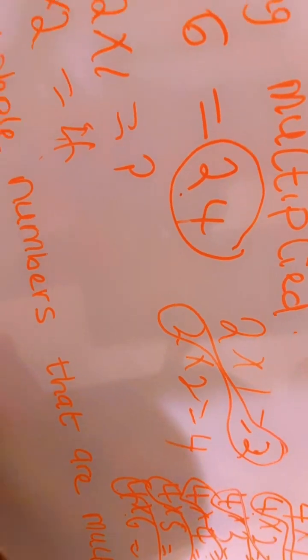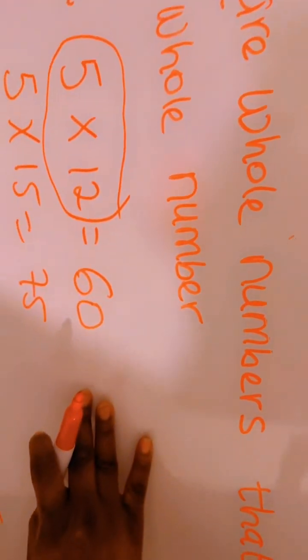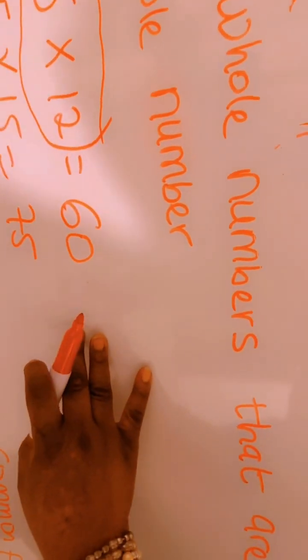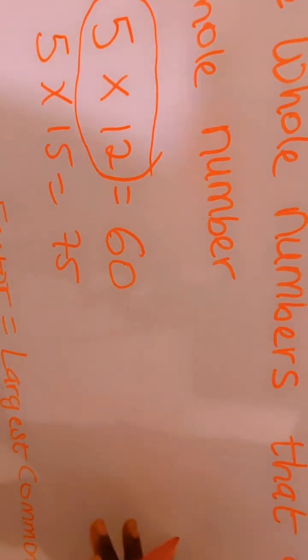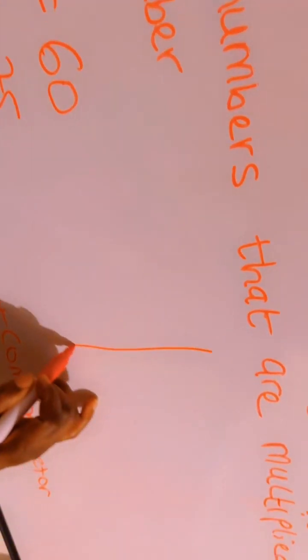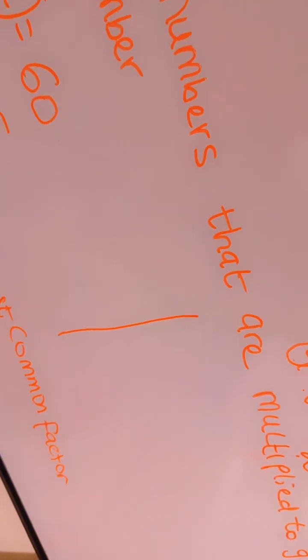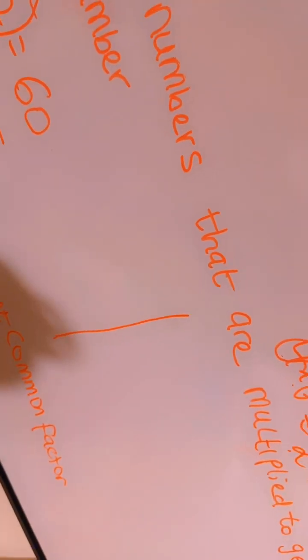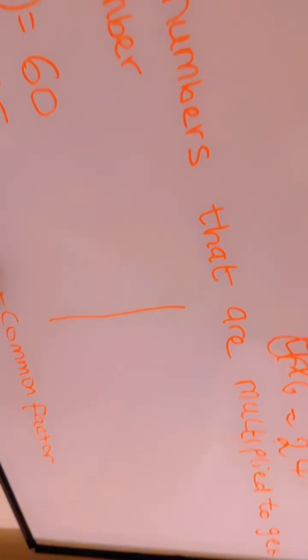Okay, so I will show you another way to get your factors in a twinkle of an eye, what we call finding the largest common factor, or rather highest common factor, as the case may be.